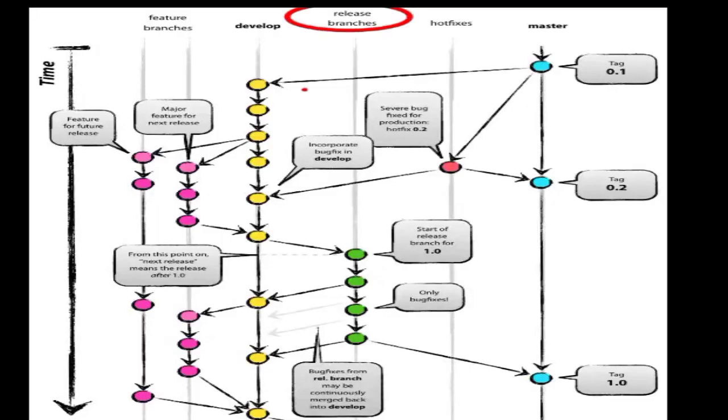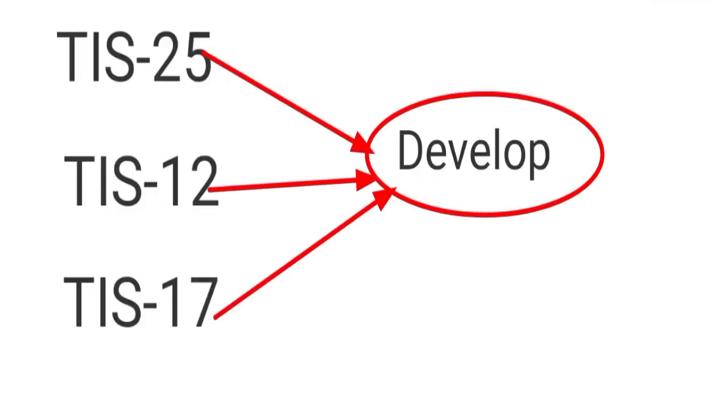Now the next thing is releases. So let's say all three features TIS 25, 12 and 17 have been merged into the develop branch. Now these three features exist on develop, and we want to release these features to production.